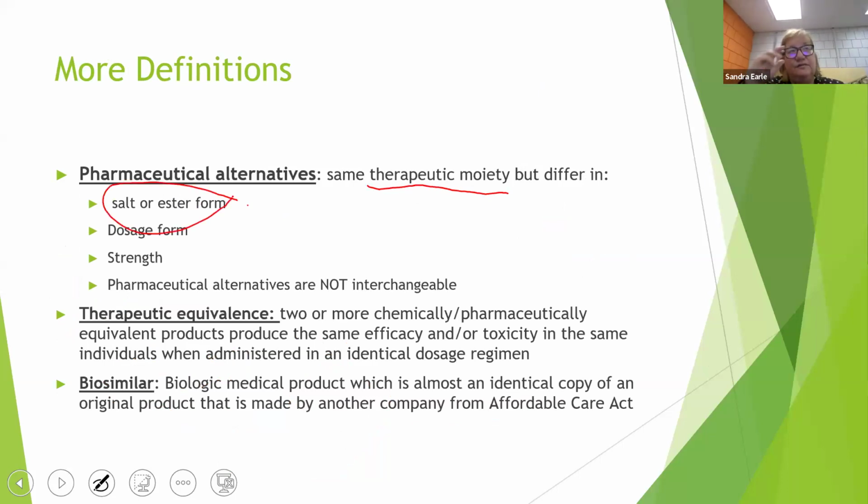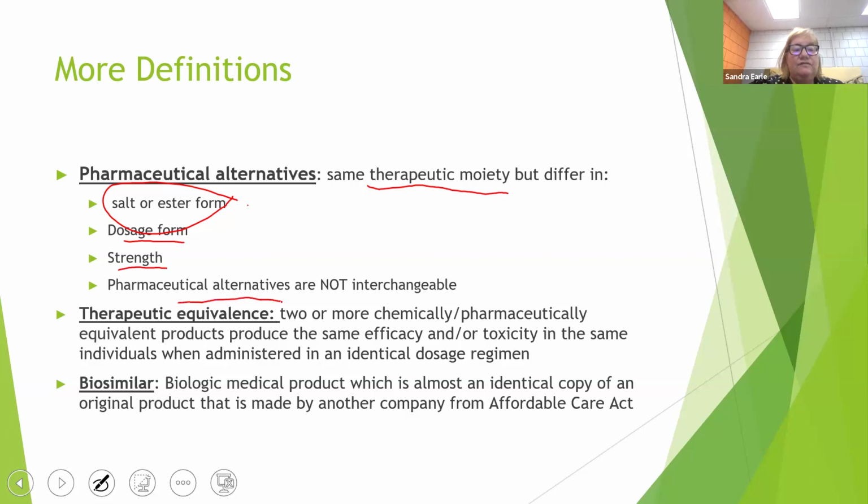So you can't give a hydrochloride, like propranolol hydrochloride, and propranolol acetate. Those are not equivalent. They may be pharmaceutical alternatives. Different dosage forms, different strengths. So these are all pharmaceutical alternatives because we can use them as alternatives, but they're not equivalents.